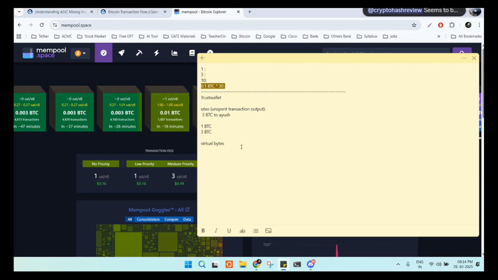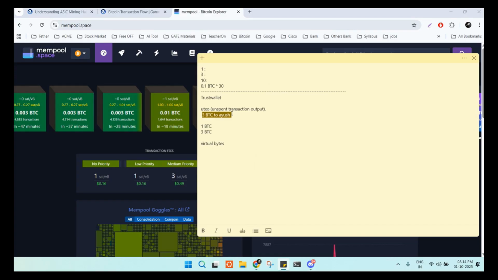Now we have decided which UTXO to send, and we have also mentioned the transaction fees. This value should be more than the amount we need to send along with the transaction fees we are going to pay. Then what will happen?